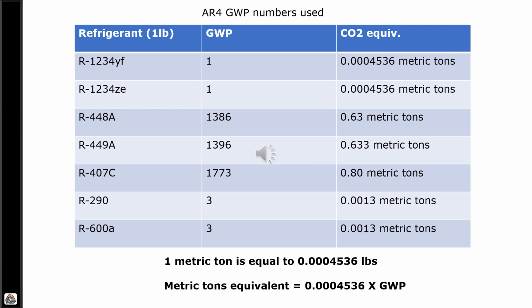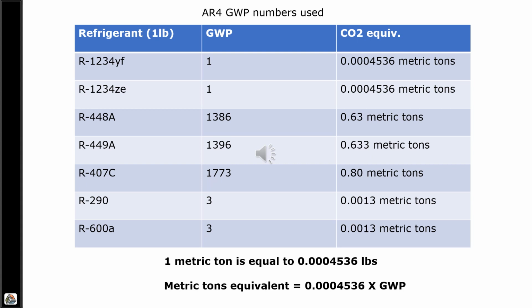The next couple down, we have R448A and R449A. Both of these come in at a mid-range GWP number, and they are equal to about 0.63 metric tons of CO2. We also have 407C, and that's equal to about 0.80 metric tons of CO2.